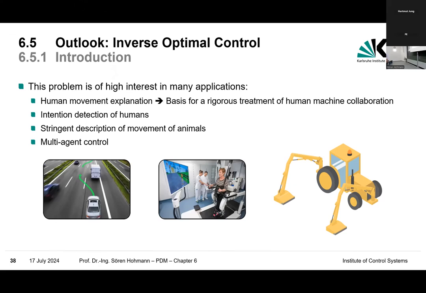Suppose you want to describe the behavior of a car if it does a lane change. This is a problem which appears quite often. You want to predict whether a driver does a lane change, for example, or how the driver will drive in the next 20 minutes or so, or 1 minute, or 10 seconds, or 3 seconds, or 1 second.